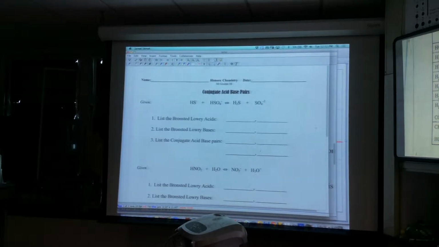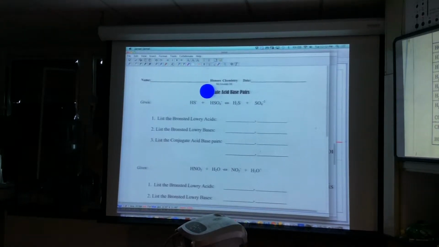Now, we're going to learn about this, but the easiest and most understandable definition of an acid is the Arrhenius definition. It was very simple. To be an acid, you have the ability to increase the H plus ions.